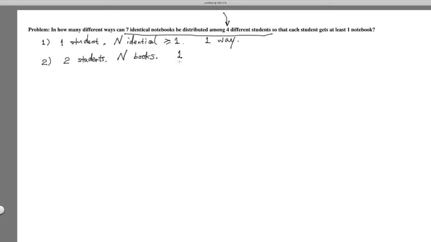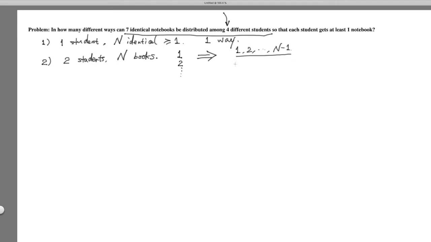If you get 2 books for the first student, then all the n-2 books go to the second student. And so on. So clearly, if the first student gets 1 or 2 or up to n-1 books, each corresponds to a different way of distributing those books among the 2 students.